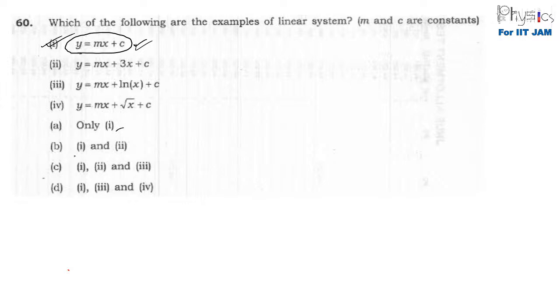But the 1 is common in every option, right? Number 1 is common in every option. So we need to know which of these equations are correct, that is, linear. Tell me your answer.